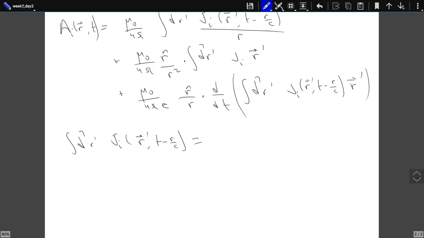Okay, you see, if you remember our electrostatic discussions, we could use this identity in magnetostatics.